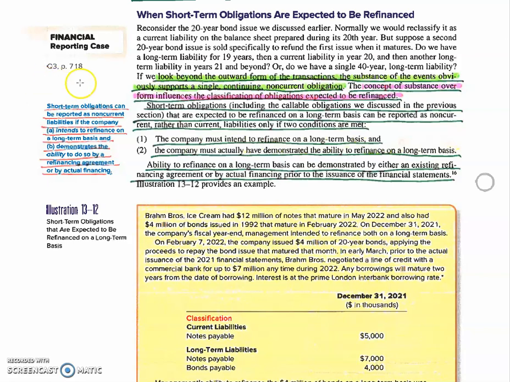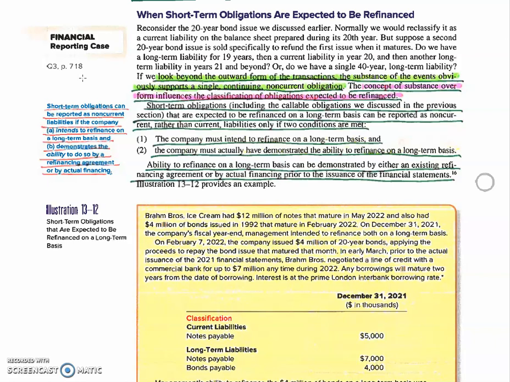Now, right up here they talk about, if we look beyond the outward form of the transactions, the substance of the events obviously supports a single continuing non-current obligation. In accounting, we refer to that as substance over form. The form of what you have is a current liability. It's due within less than a year.